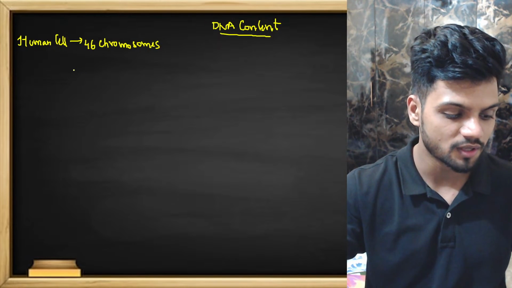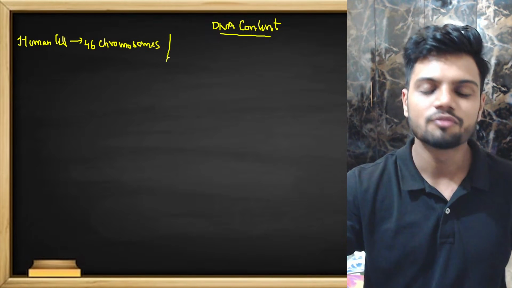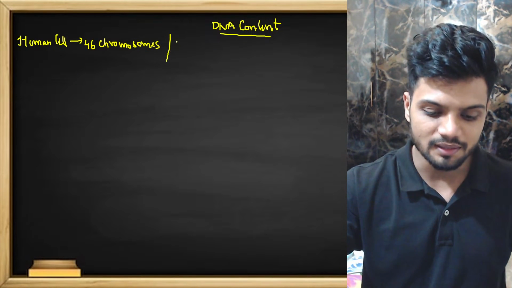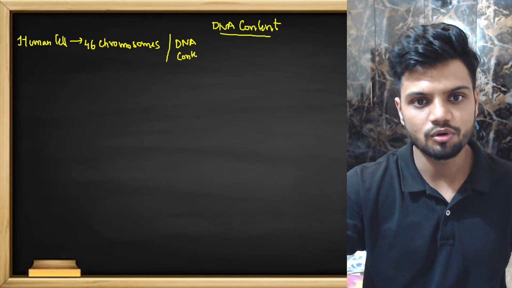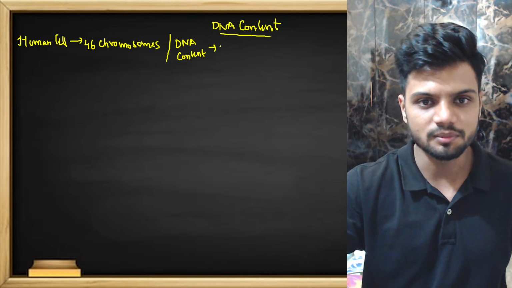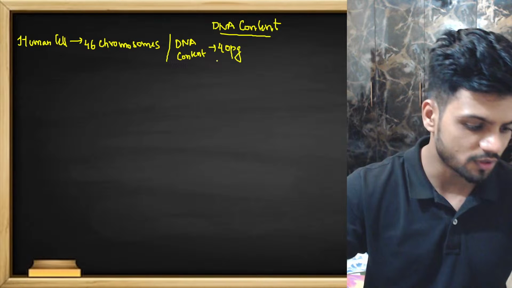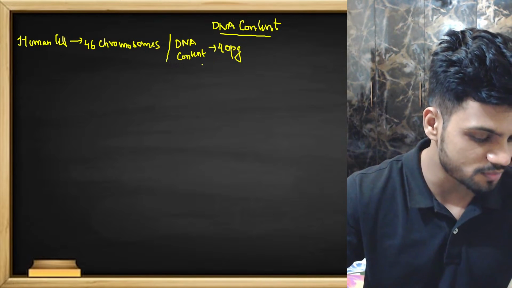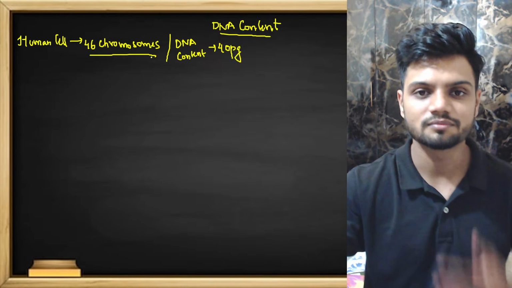I'm checking all of you. You're just randomly agreeing to everything. Don't agree to everything, okay? 46 chromosomes are there. And there's something called DNA content. DNA content is around, let's say, 40 picograms. There are 46 chromosomes in a human cell.